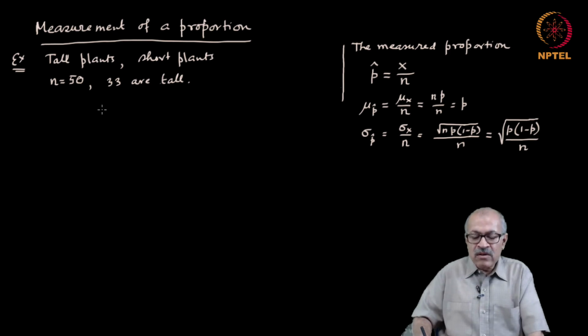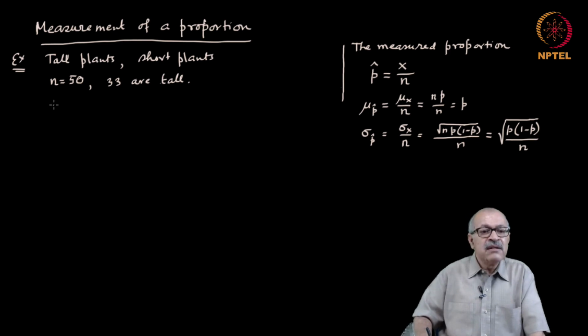So, your measured proportion is 33 by 50, which is equal to 0.66.